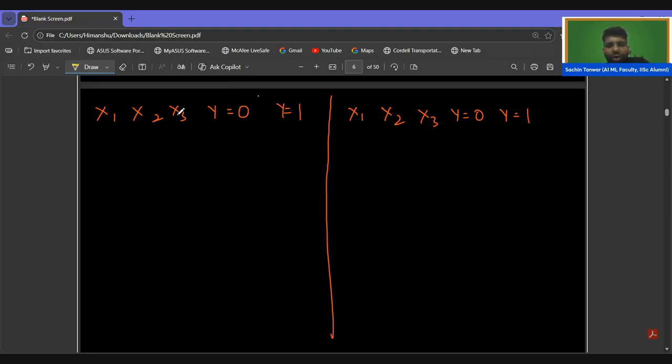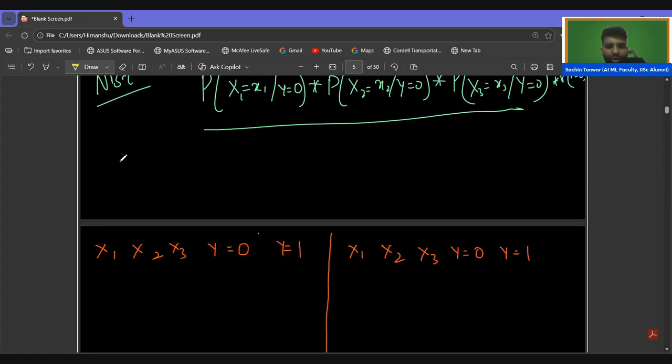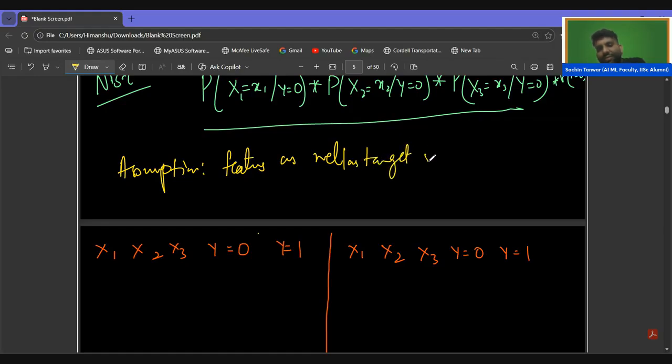So for an example, let's assume that all features as well as the target variable y are binary variables.